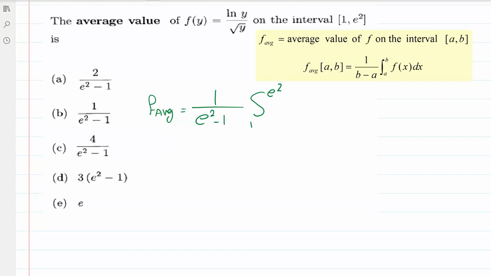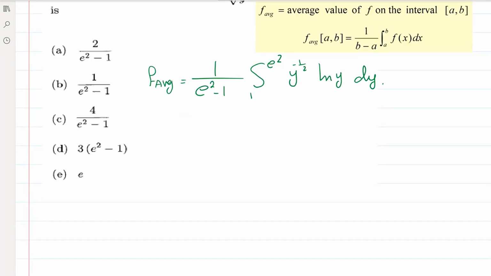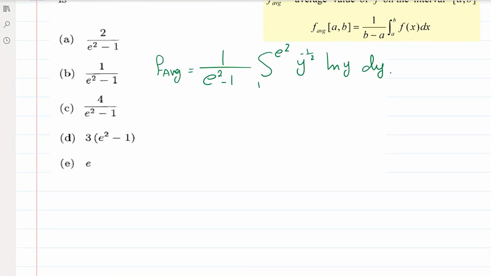And the function is what? Ln y over square root of y. We can write it in this form, y to the power minus half times ln y dy. And you integrate it using what? Integration by parts. Let me do the integration by parts here. You suppose u equals what?